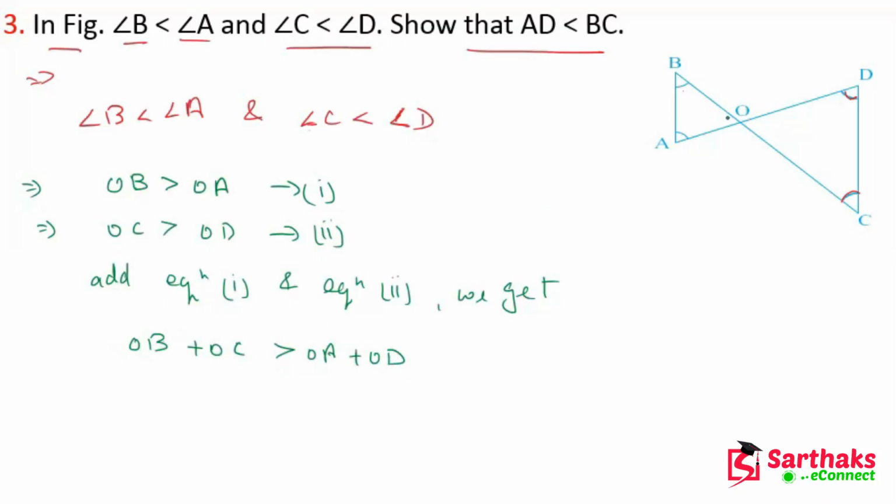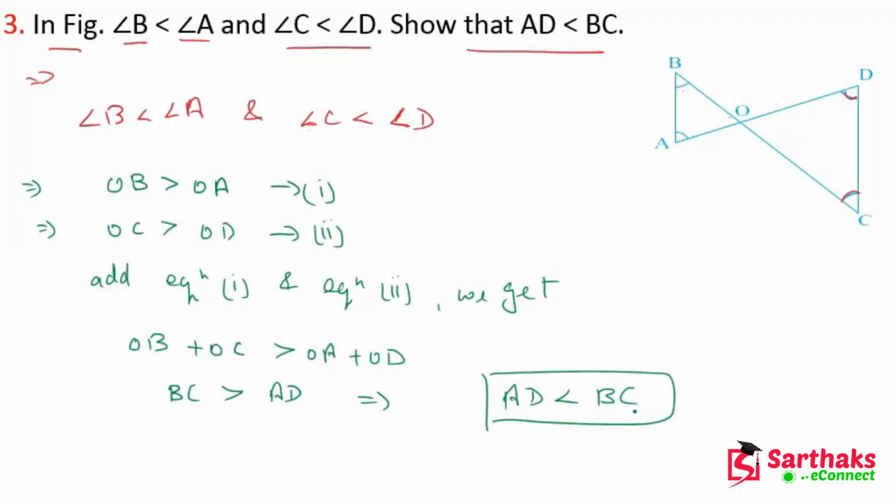Here OB plus OC is BC, which is greater than OA plus OD, which is AD. So we can write AD is smaller than BC. Hence proof. I hope you understand these things.